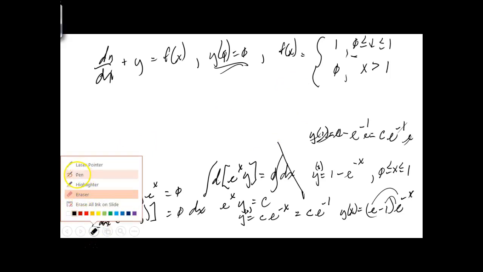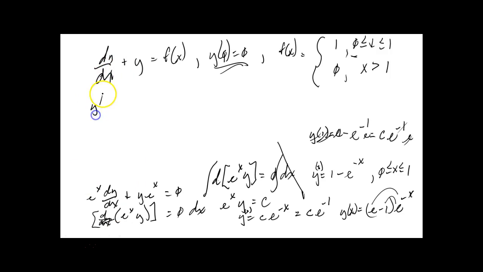All right. So our solution, because this is an initial value problem, is y of x is equal to 1 minus e to the minus x anytime 0 is less than or equal to x is less than or equal to 1, and it's equal to e minus 1 times e to the minus x anytime x is greater than 1.